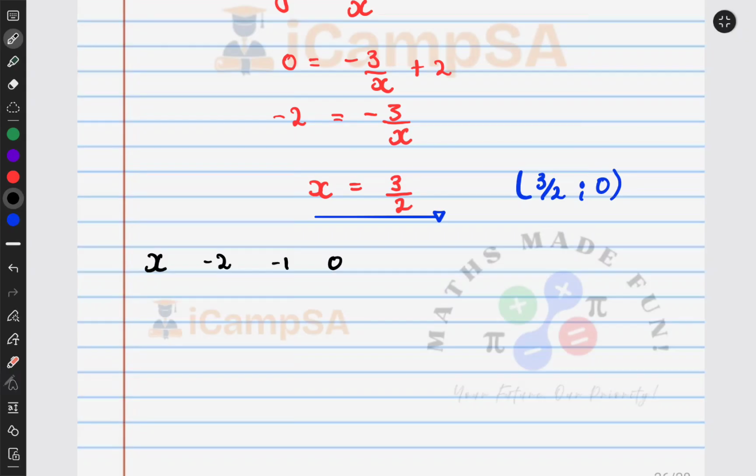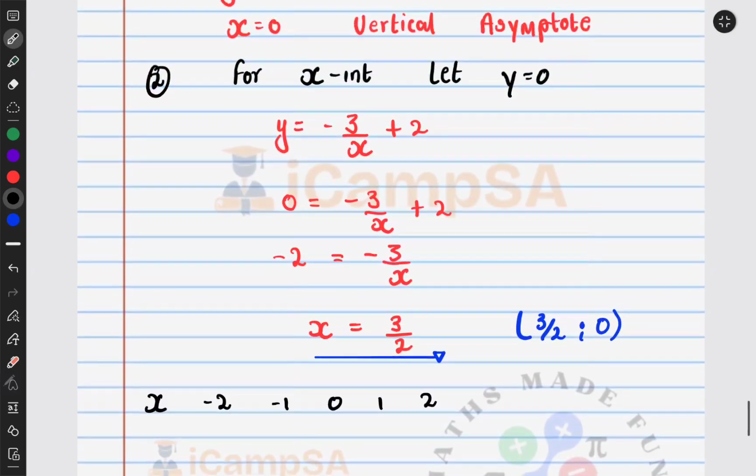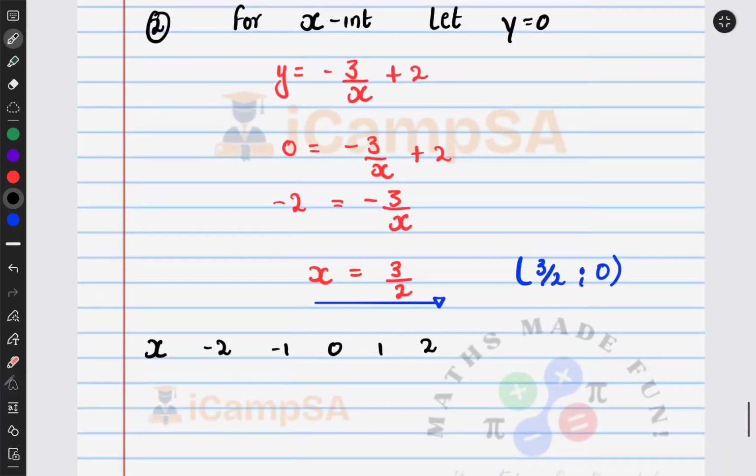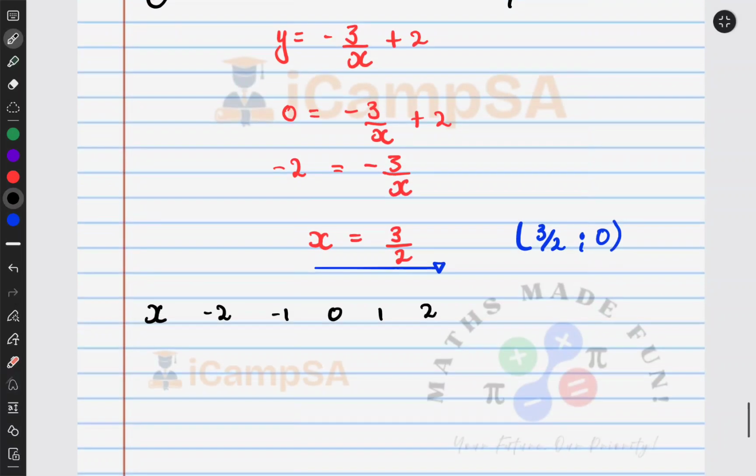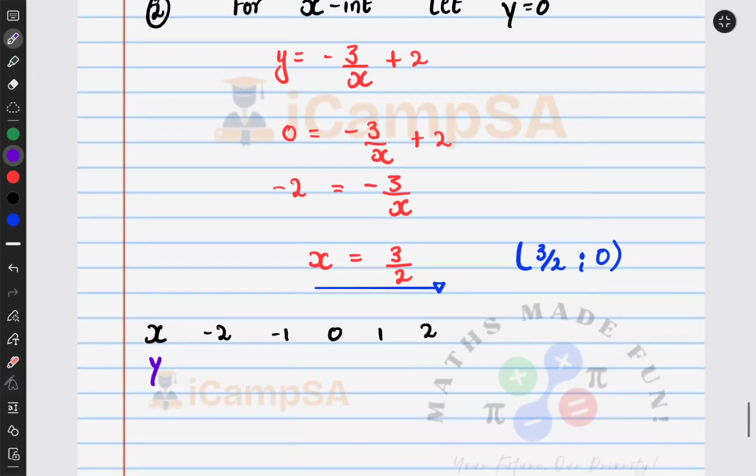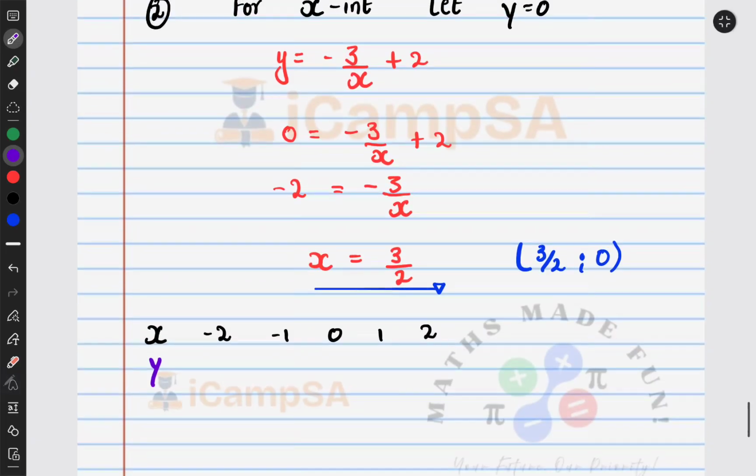Since we already have the 3 over 2 there, let's just go with 1 and 2. Let's find the corresponding y values.